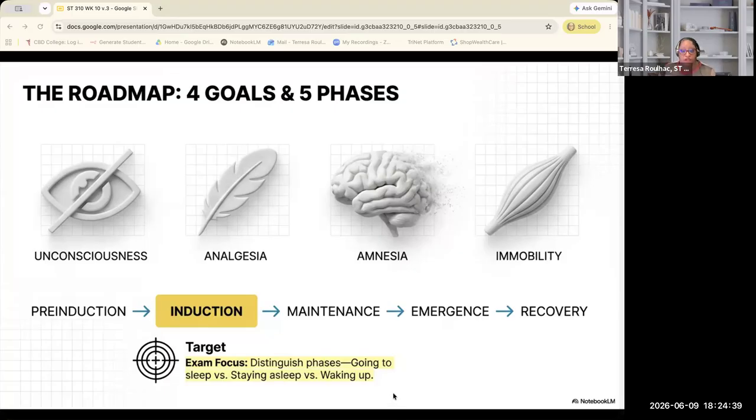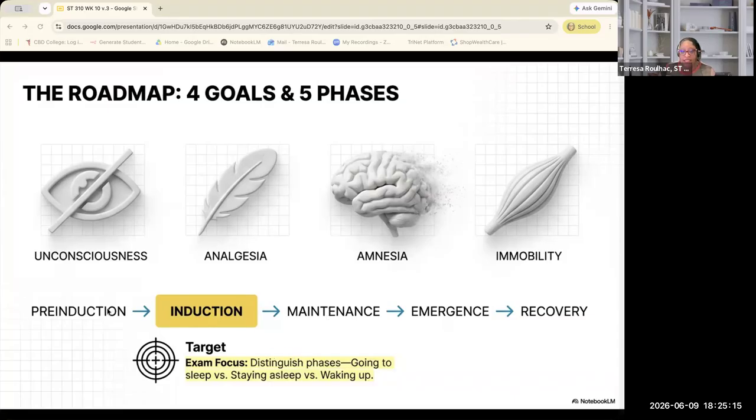If a patient starts moving during surgery, which of these phases would the anesthesia provider most likely be reassessing? Okay, we're looking at mobility and consciousness. But I want to make it a little bit broader.